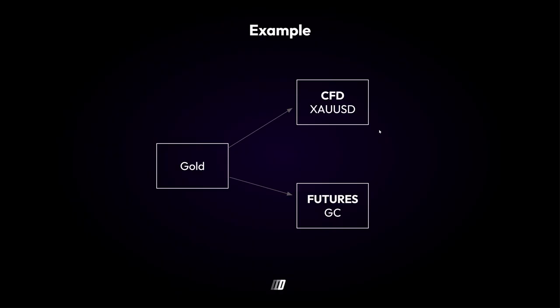If it's gold, you're going to have the CFD, which is typically XAU/USD, and the futures, which is GC. It's a different type of contract. So for example, here, yes, it's Forex, but it's Forex CFD and Forex futures. This is gold, gold CFD, and gold futures. The S&P 500, for example, the US 500 for CFDs, and the ES for the E-mini futures contract.